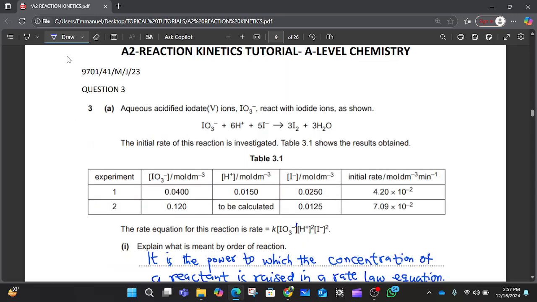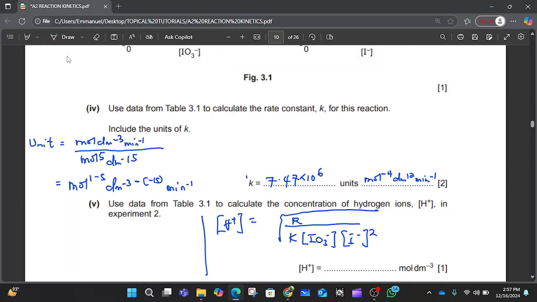In experiment 2, we know our rate, we know the concentration of I minus, we know the concentration of IO3 minus. We don't know the concentration of H plus, and that's what we are trying to calculate for. We have also solved for K in this part of the question, and so we can just substitute and find our H plus ion concentration.